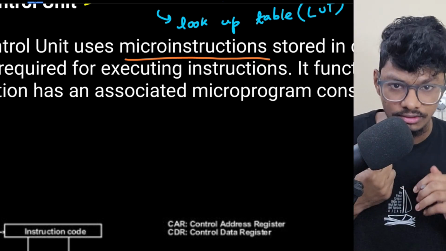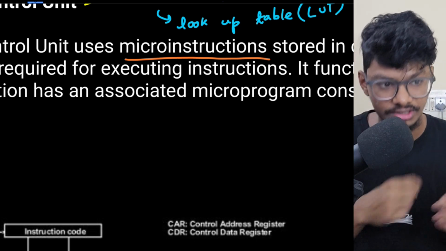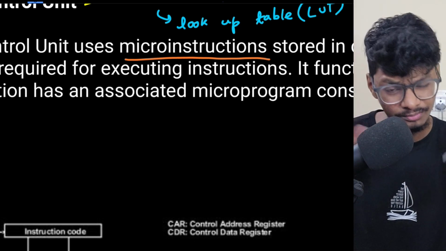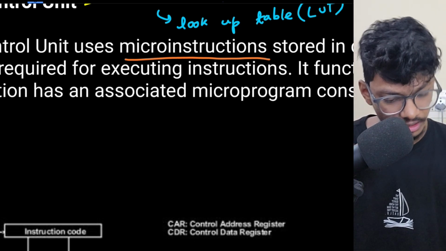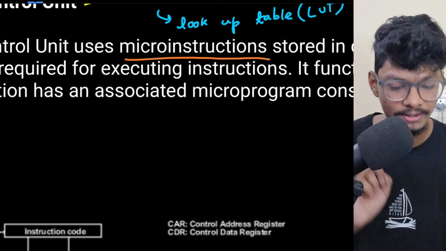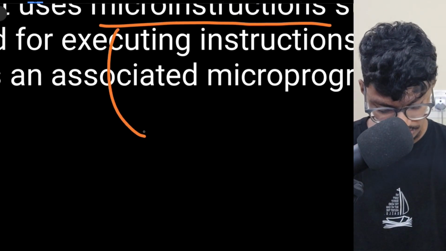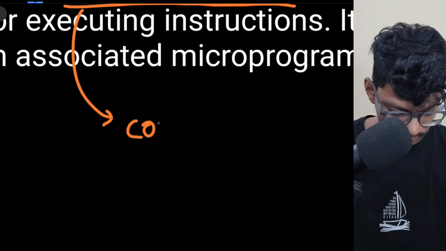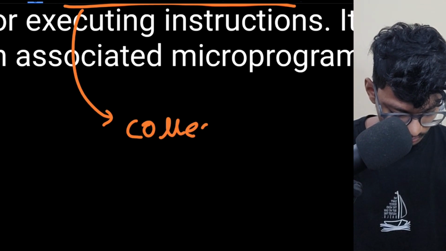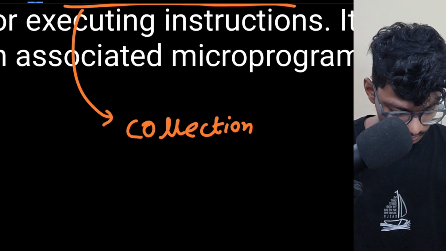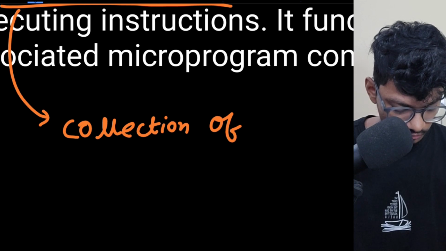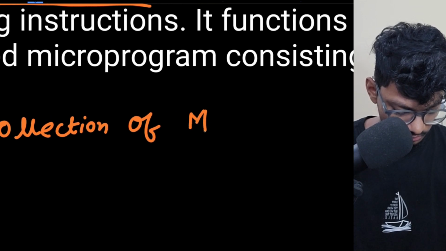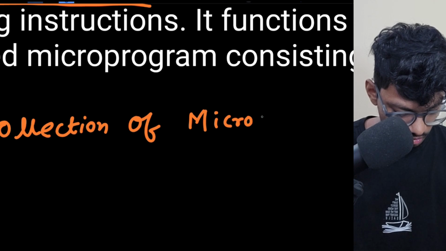First I will load the instruction from the instruction register, then I will load the values, then I will add the values. So there are many micro operations involved. I have already explained this previously as well: a micro instruction is a collection of micro operations.